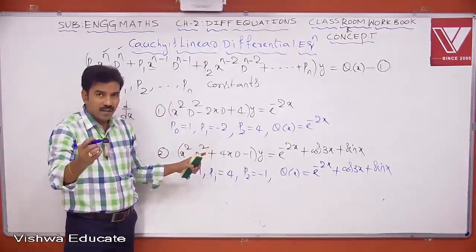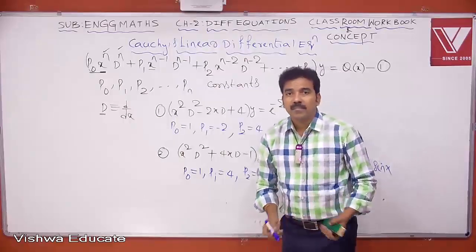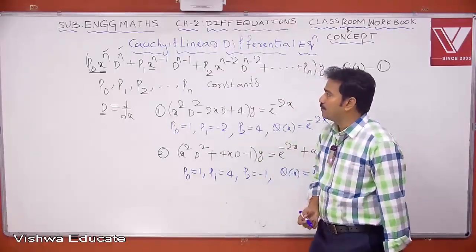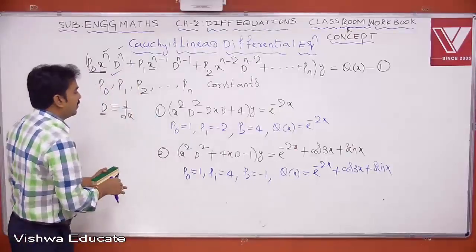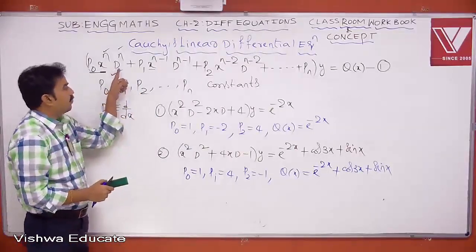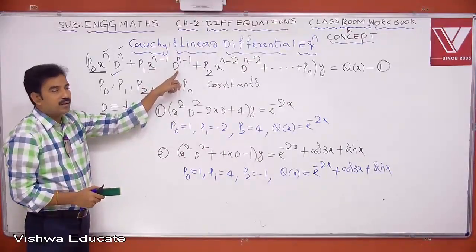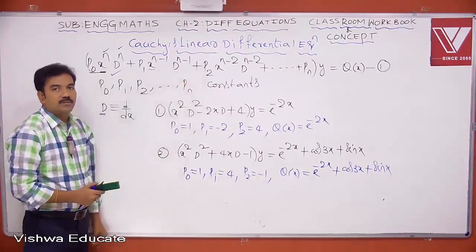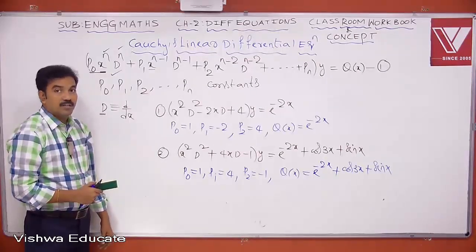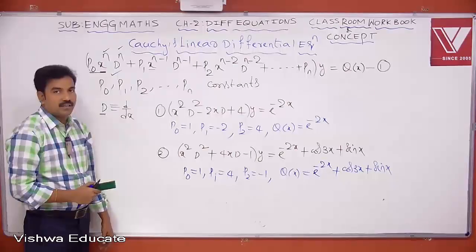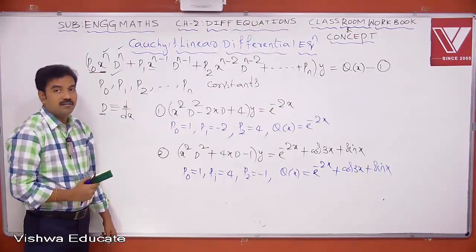Right? Note these points. An equation of the form P naught into x power n d power n plus P1 into x power n minus 1 into d power n minus 1 plus P2 into x power n minus 2 into d power n minus 2 plus and so on plus Pn of y equal to Q of x. You call it equation 1.